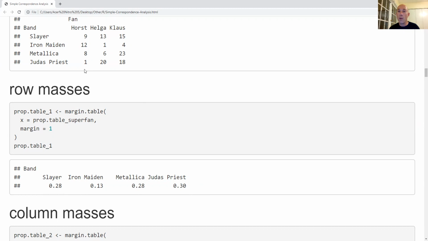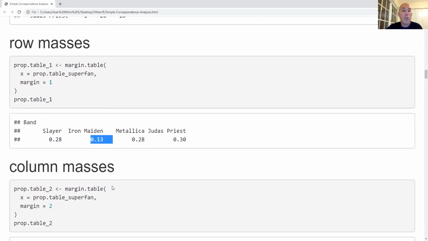And so the interpretation is a little bit sticky because we have this overlap aspect, but we're going to go ahead and proceed nonetheless. So we can see that Judas Priest had just under a third of all of the attendance. And then we can see that Slayer and Metallica had over a fourth, and Iron Maiden had the least.